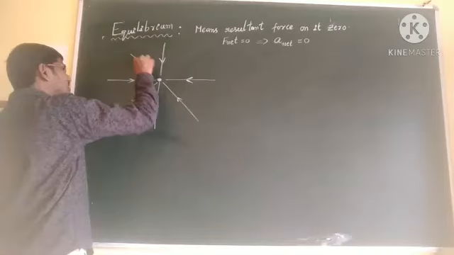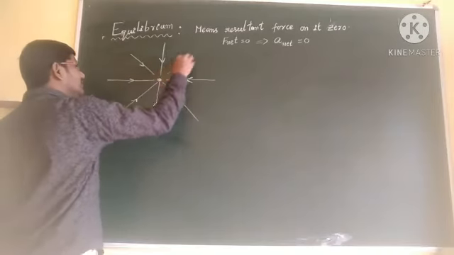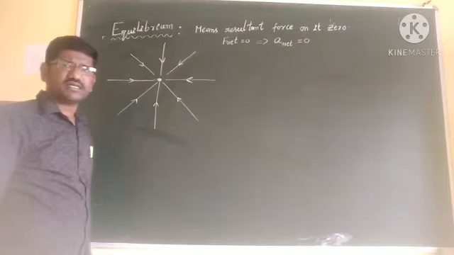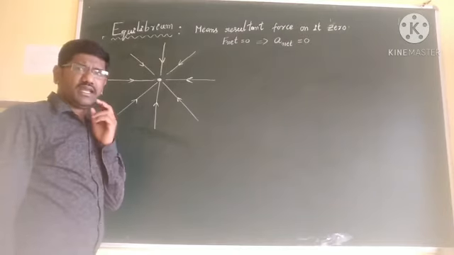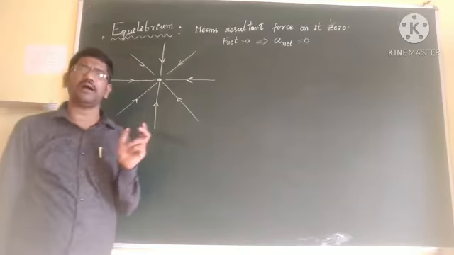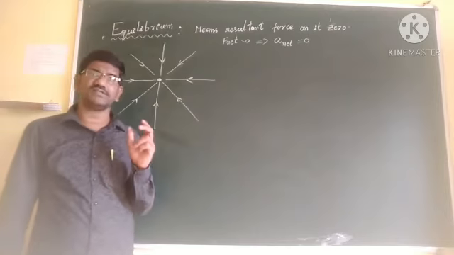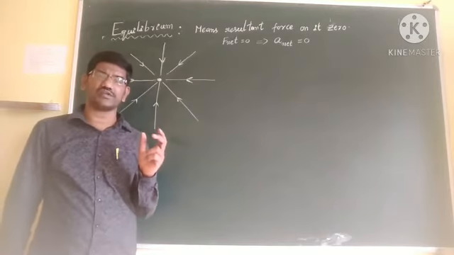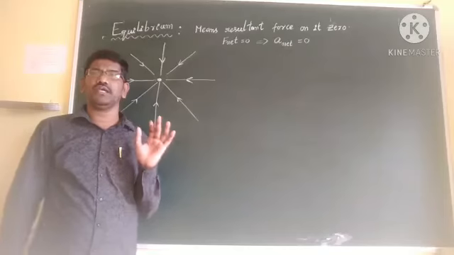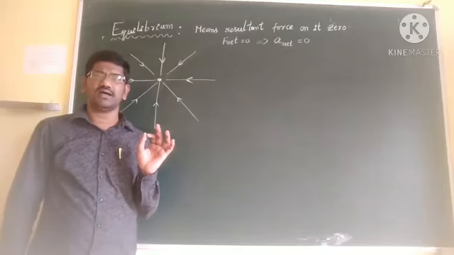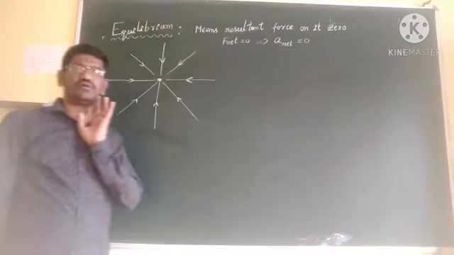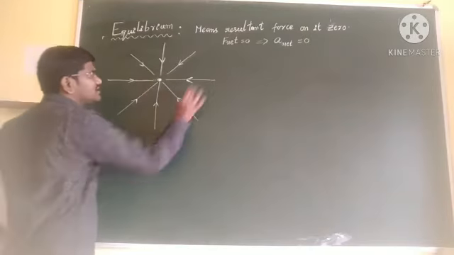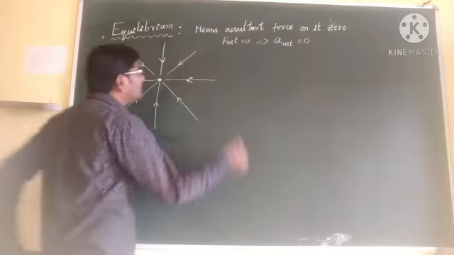These are all forces acting on the particle. So when n number of forces acts on a particle and produces zero acceleration, then the particle is said to be in equilibrium. Equilibrium means acceleration of the particle is equal to 0. So the sum of all the forces is equal to 0. So that is the first point.